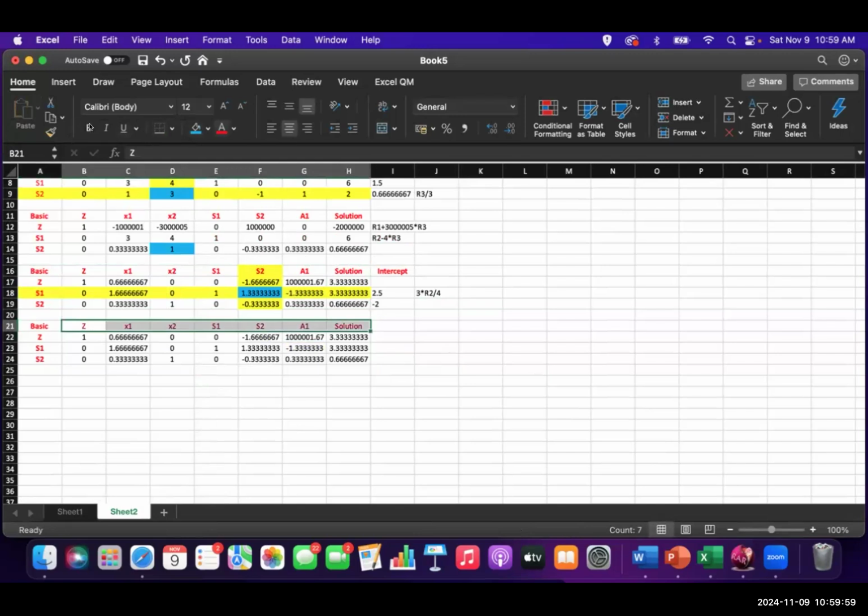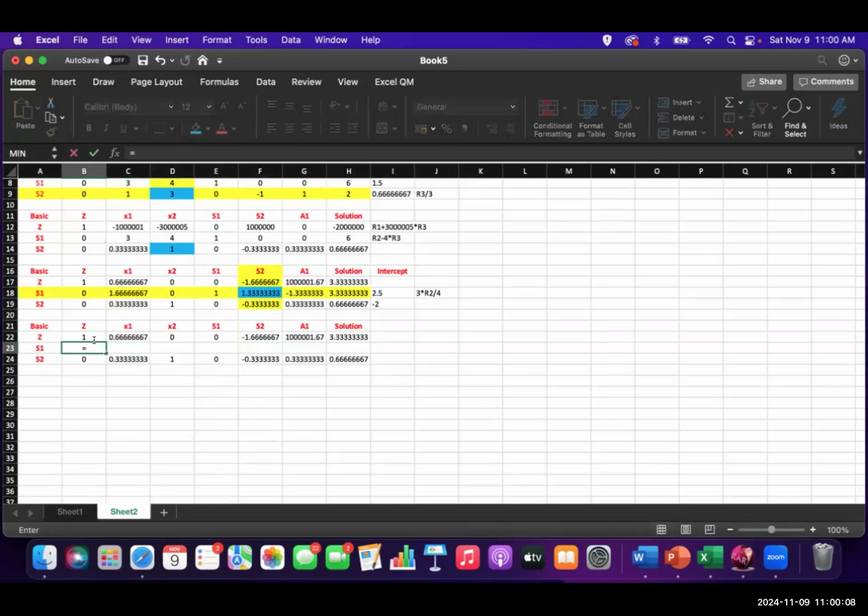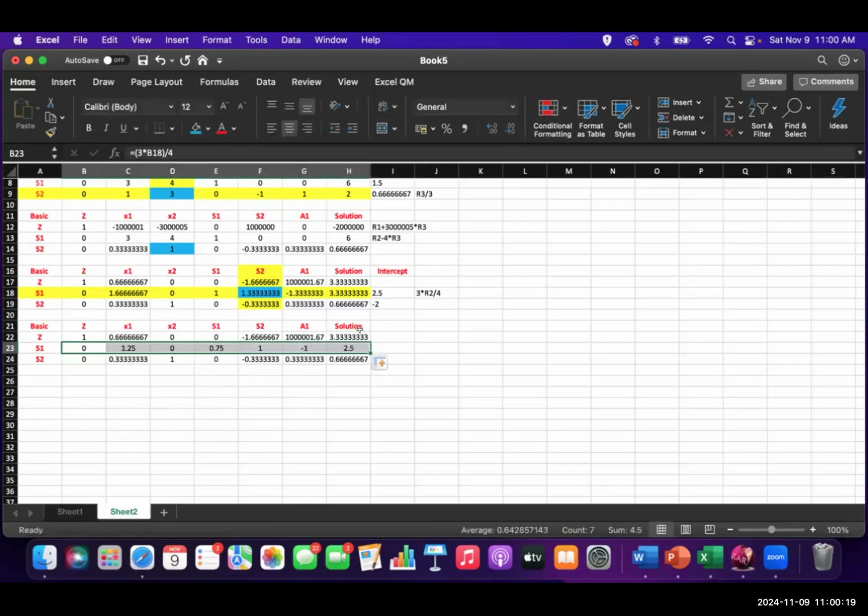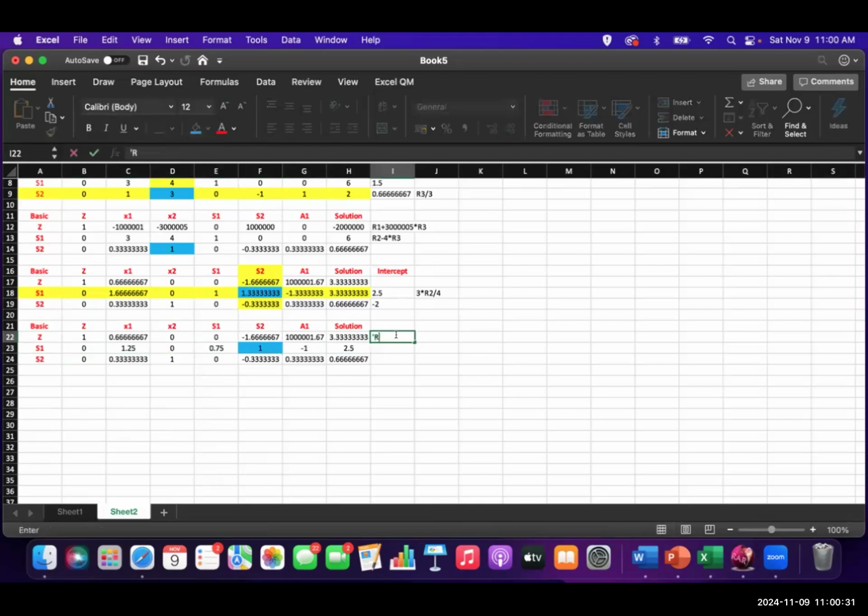My next objective is to make S2 equal to 1. To do that, that would be equal to 3 times R2, then divide it by 4. Okay, so doing that, we'll change our pivot element to 0. Now what we need here is R1, and then we add minus 1.67, that's 5/2.